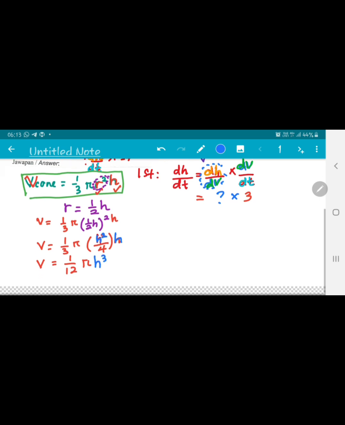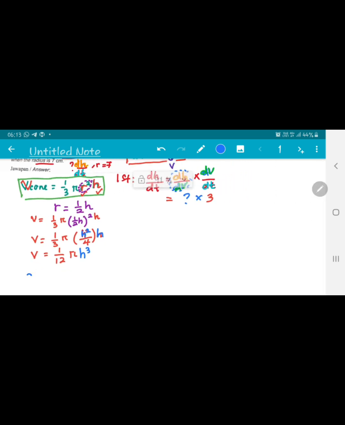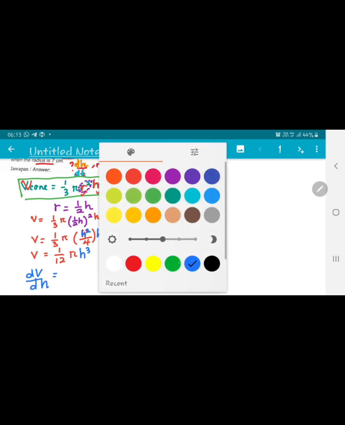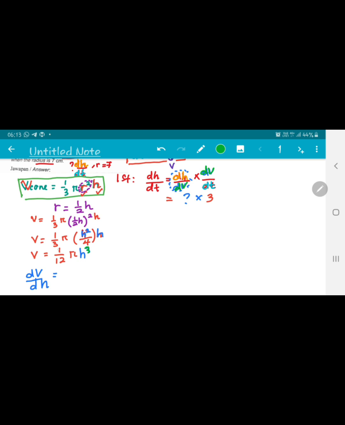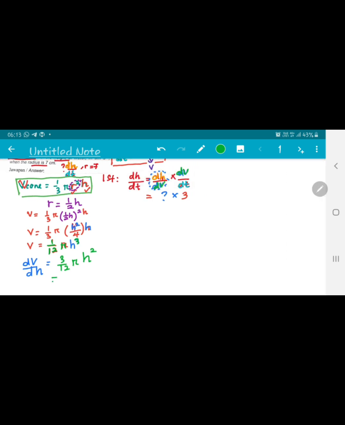Now you have V in terms of H, so we can find dV/dH already. So we will have 3 times 1/12 pi become 3/12 pi h squared. Simplify, you have 1/4 pi h squared.